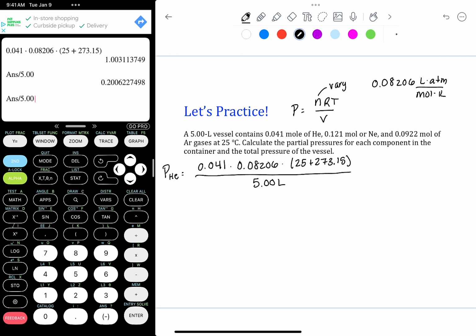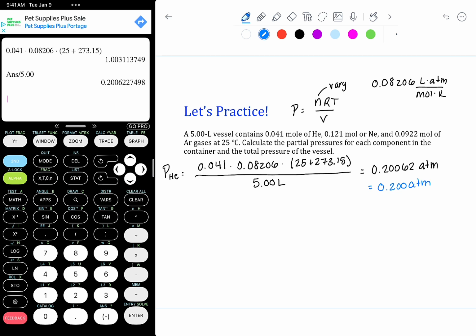Okay, so we get a pressure of helium of 0.20062 ATM. I'm going to leave a few extra decimal places just so that when we add for the total pressure, we have all those decimal places. But since we also asked for the individual partial pressures for sig figs, this will be 0.200 ATM.